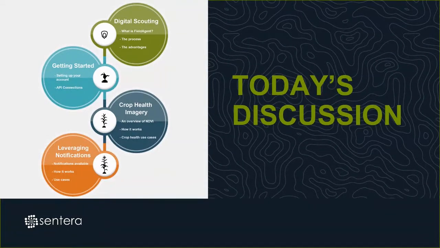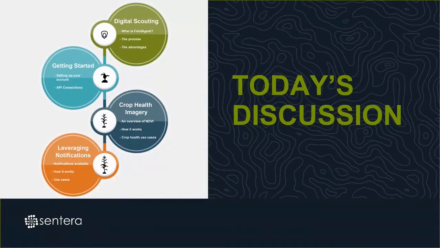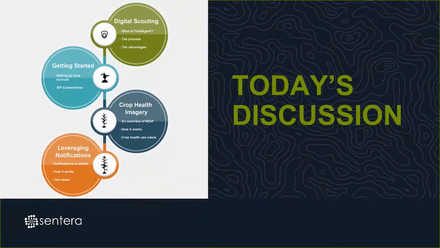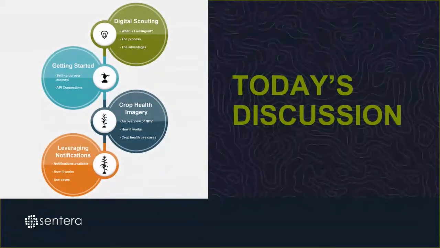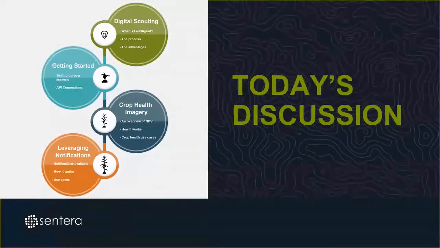We're going to talk about NDVI, how it works, and how to put it to work for you. And then how do we leverage notifications to know where to be, when to be, and why to be somewhere, making certain that we're utilizing all the tools that we have to really streamline your operation and get the best return for the time that you spend.